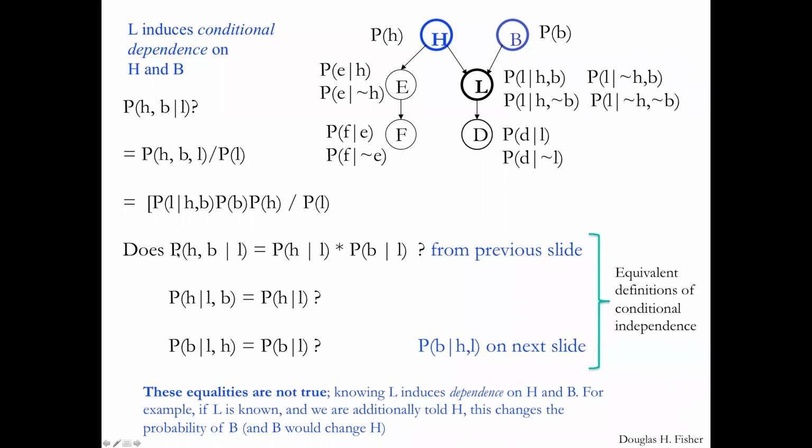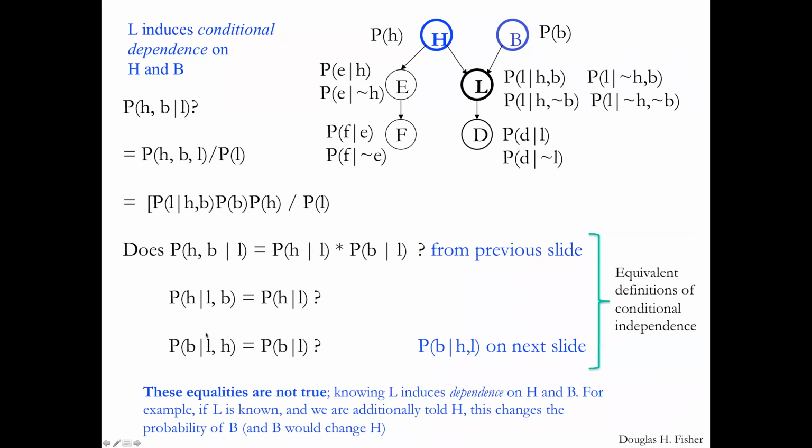If the independence of H and B was retained after conditioning on L, then this would be true. This is a definition of the conditional independence of H and B conditioned on L. This is an alternative and equivalent definition for the independence of H and B conditioned on L. That is, if I know L, B adds no additional information to the probability of H beyond what L conveyed.